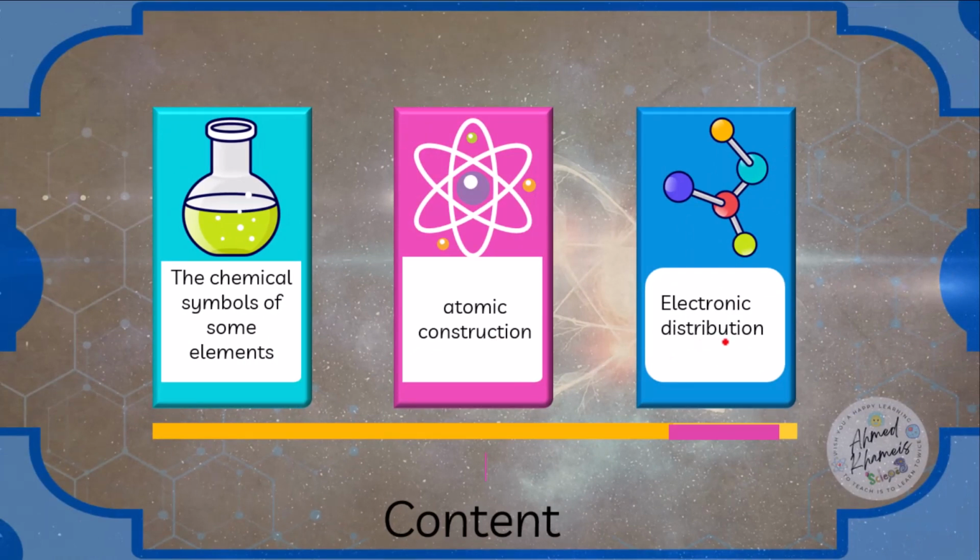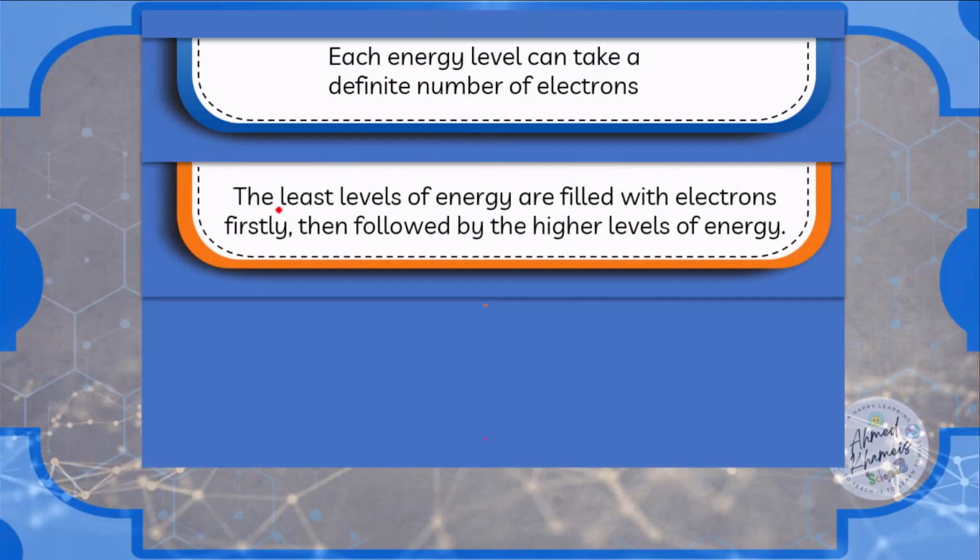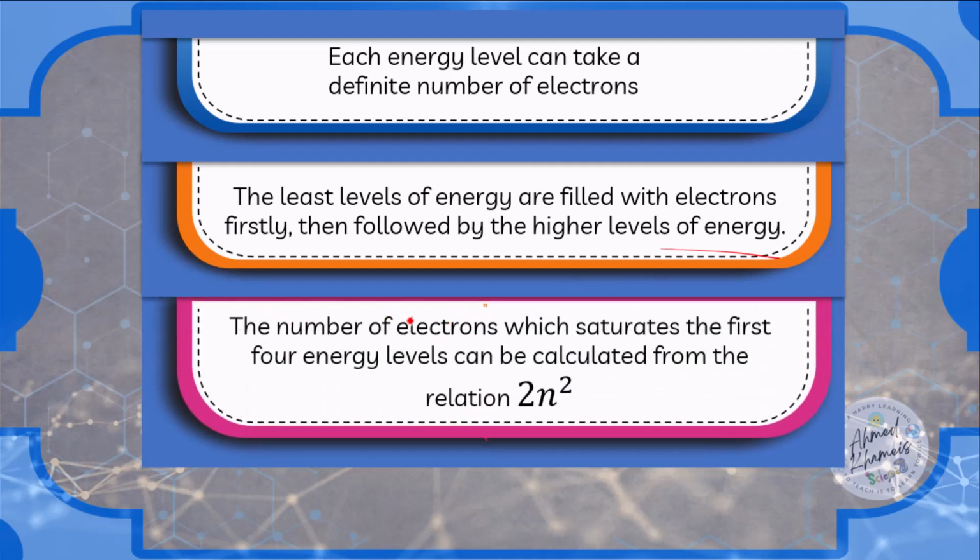Thirdly, we have electronic distribution. Each energy level can take a definite number of electrons. The lowest energy levels are filled first, followed by the higher energy levels. The number of electrons which saturates the first 4 energy levels can be calculated from the relation 2n squared, where n is the number of the energy level.